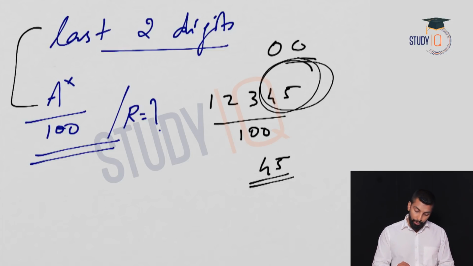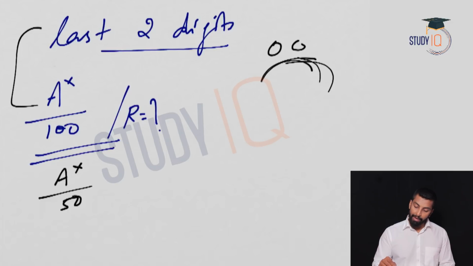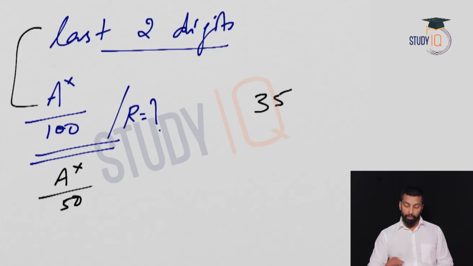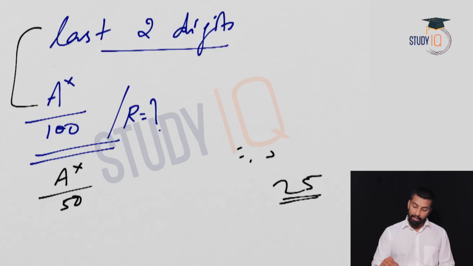Or I can also ask you a raised to x divided by 50. If I ask you the remainder when divided by 50, that also depends on the last 2 digits itself. If the last 2 digits is 35, you can tell the remainder, right? Remainder will be 35. If last 2 digits is 75, remainder when divided by 50 will be 25. So you can tell the answer by seeing the last 2 digits.